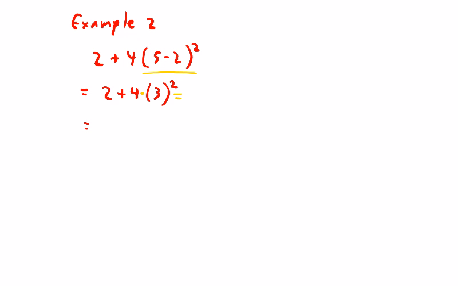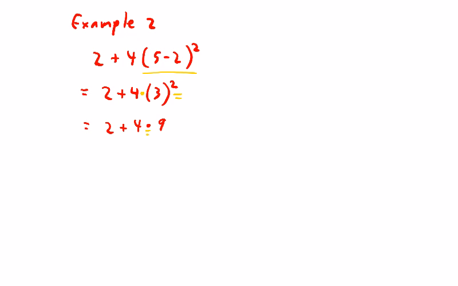We could look at it as a dot, or we could put an X there for multiplication. So when you don't see an operation, it's implied multiplication. So we're going to square the 3, and we have 2 plus 4 times 9, and that could be an X right here instead of a dot, but we wrote it as a dot.